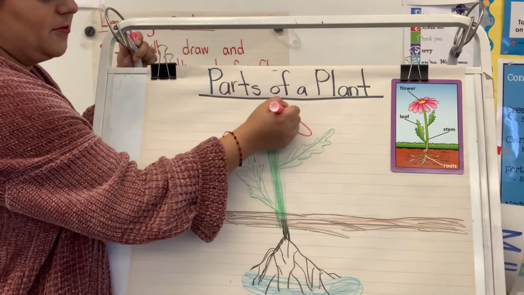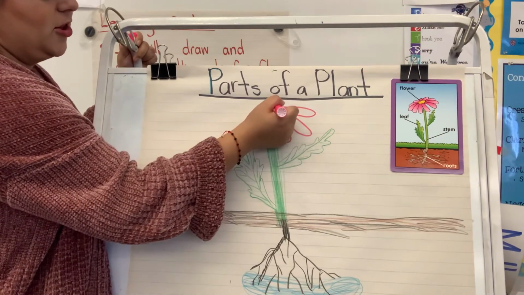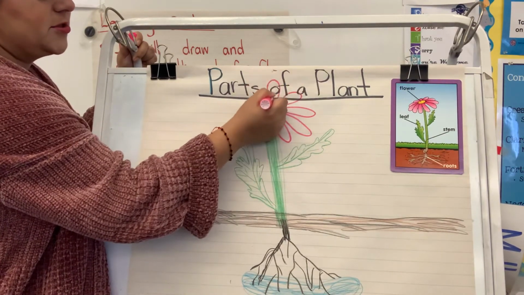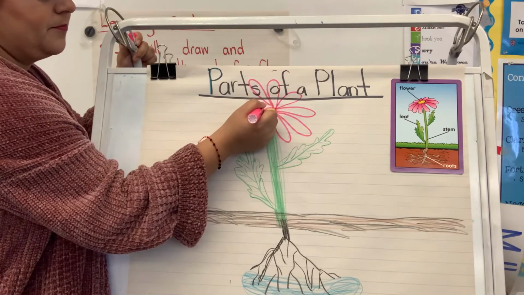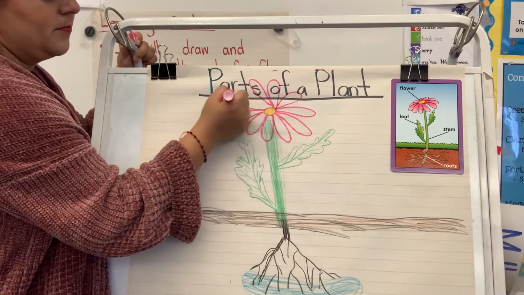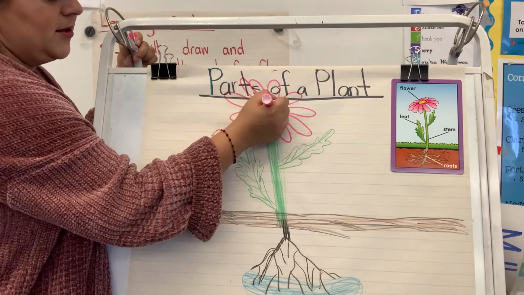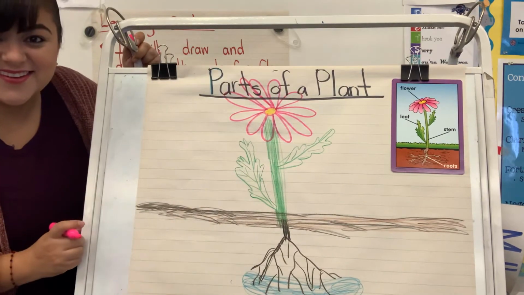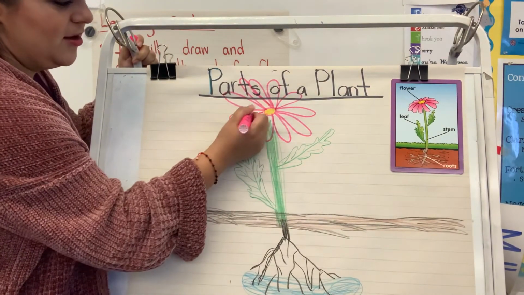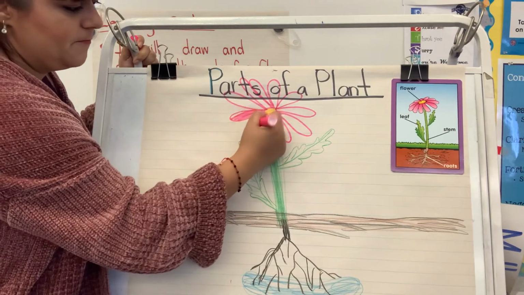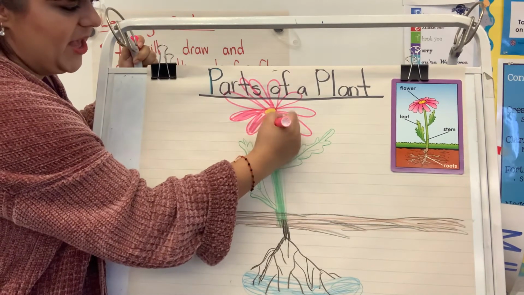Petals of the flower. Looks like long fingers. And just try your best. And then you can color them if you want. Petals.